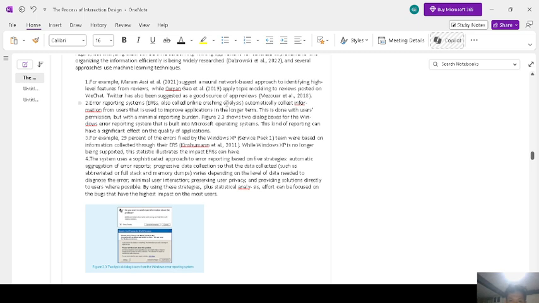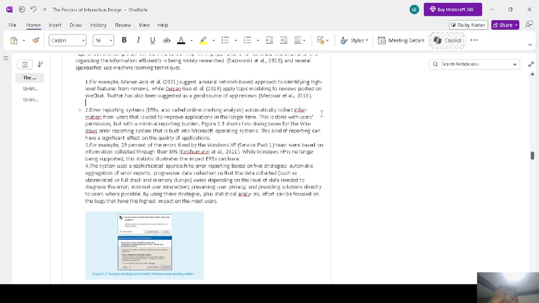Twitter has also been suggested as a good source of app reviews. Error reporting systems. So basically, a network-based approach to identifying high-level features could also get from these analytics tools. And sometimes you can also get data from WeChat or Twitter.